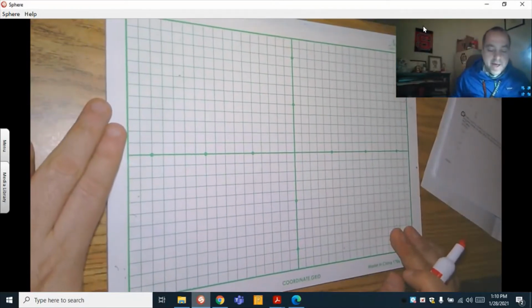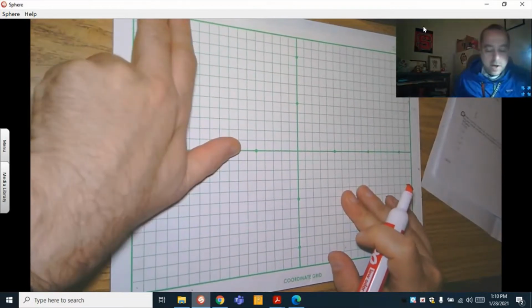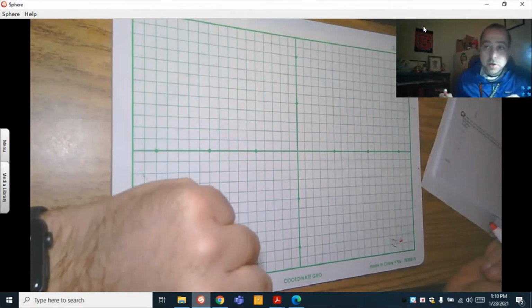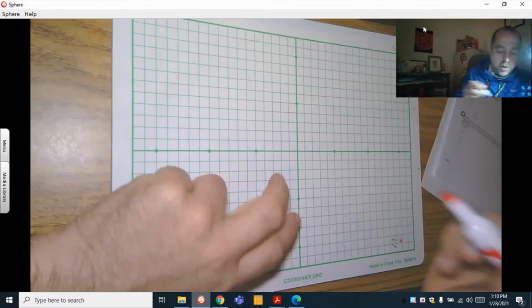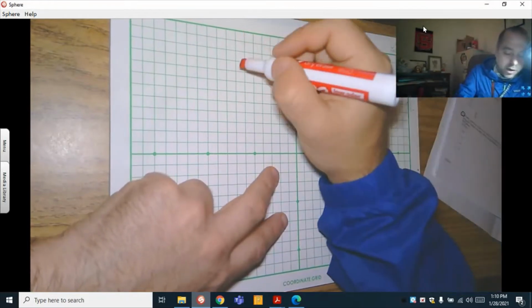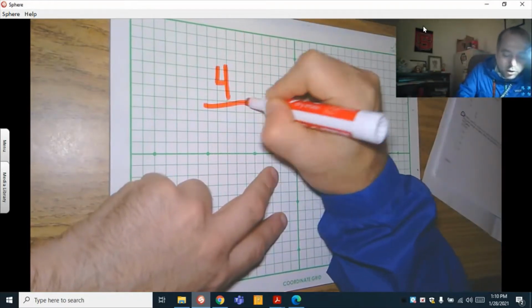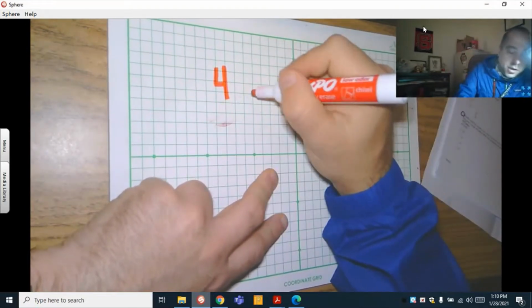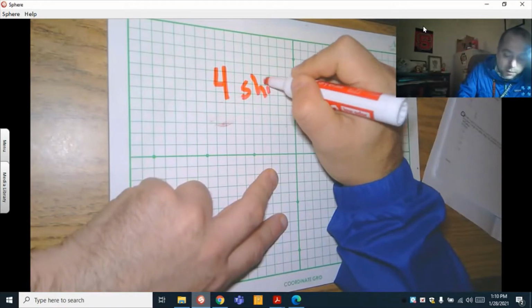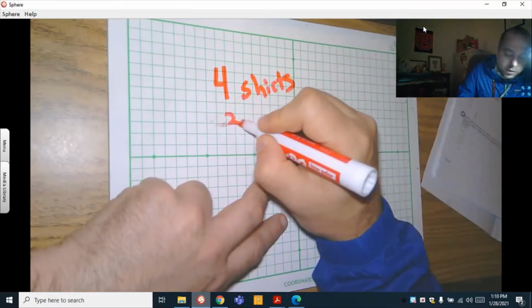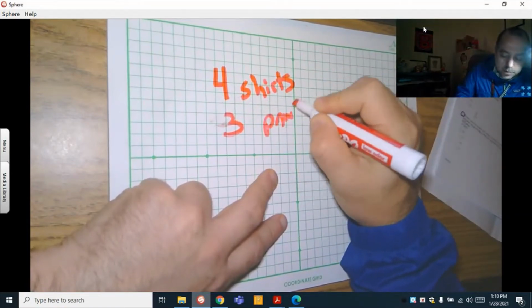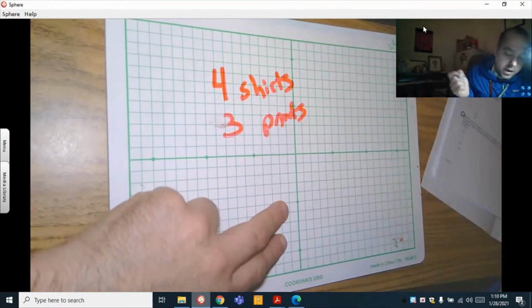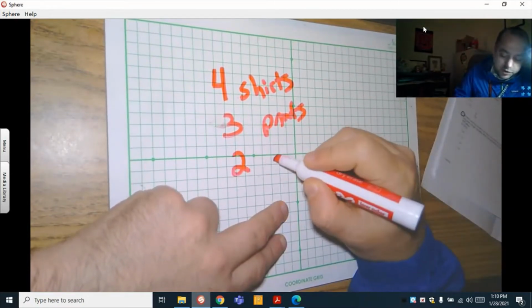Let's say that you are going to pick out some clothes for school, and you have choices. You have 4 shirts to pick from, 3 pants, and let's say 2 pairs of shoes.